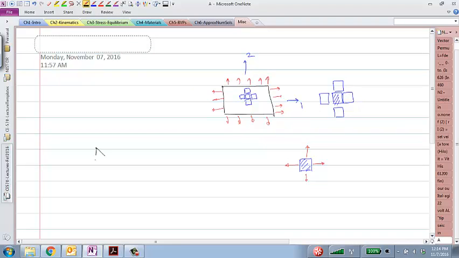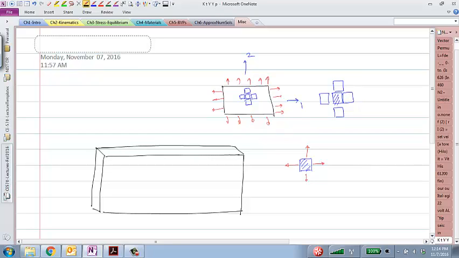For simplicity, let's just take a cantilever wall. Right, and let's say this end is fixed, and if my axes are to be consistent with the plane strain assumptions that we are using, then 3 would be in this direction, 1 pointing up and 2 pointing out of the plane.